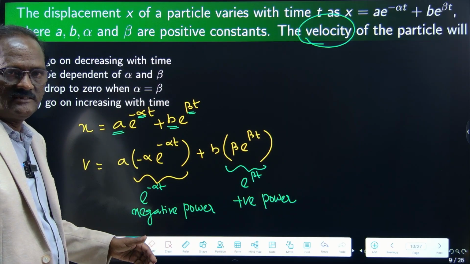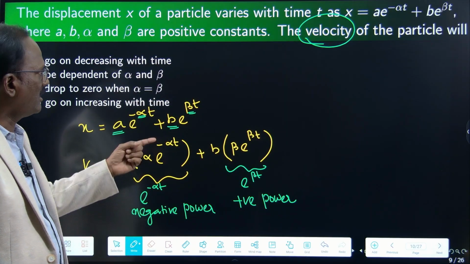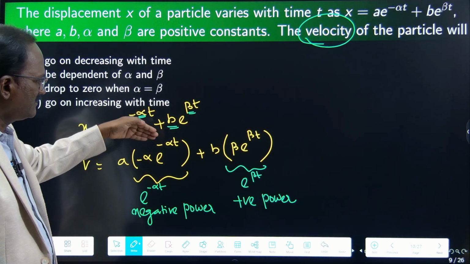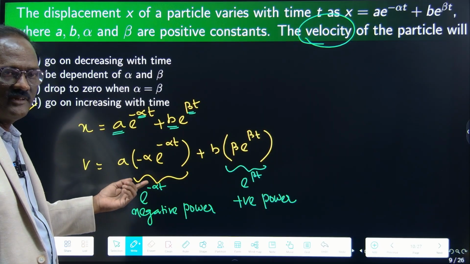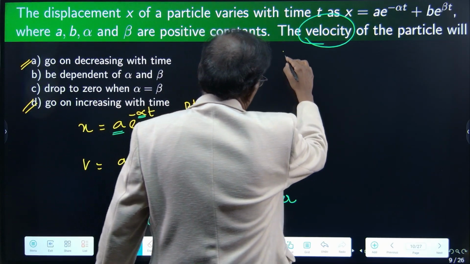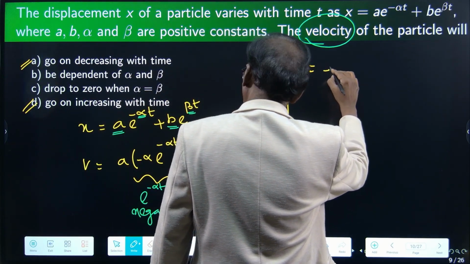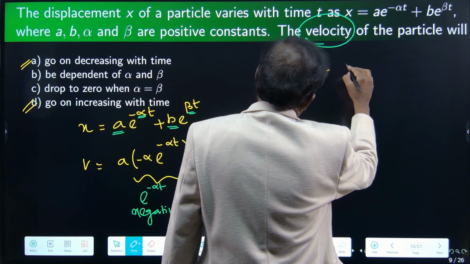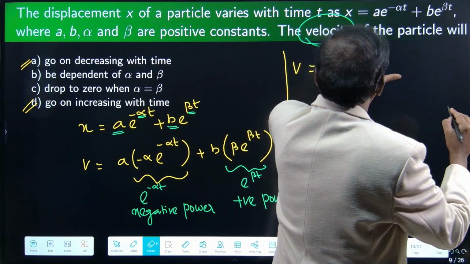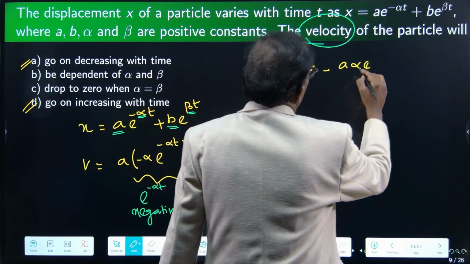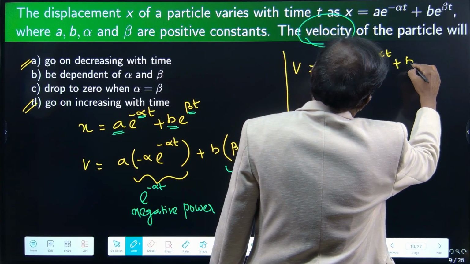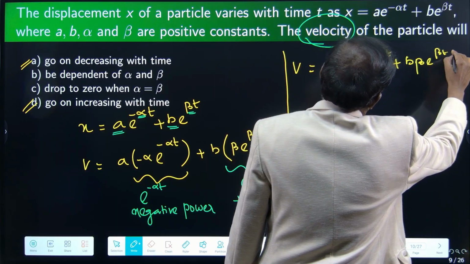So t is increasing, so minus alpha t, alpha is also a constant, already it is given alpha, beta are constants. When t is increasing, the negative power will decrease this value. So v is equal to, I am rewriting it, minus a alpha e power minus alpha t plus b beta e power beta t.